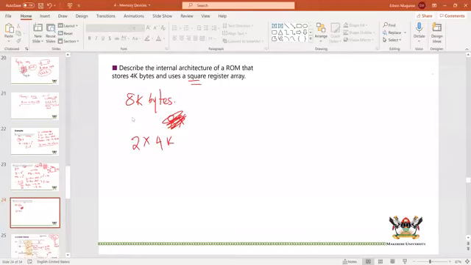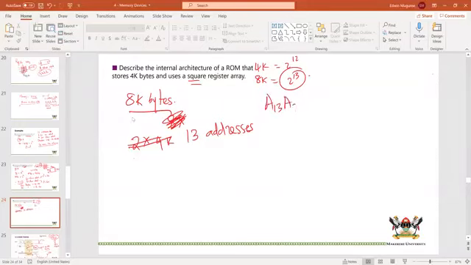But anyway, if this 4K was 2 to power 12, we know 8K is equal to 2 to power 13. So you first want to get that power in terms of 2. And so here we are going to have 13 addresses if we have 8K bytes. 13 addresses from A13, A12, all the way to A7, A6, A5, all the way to A0.